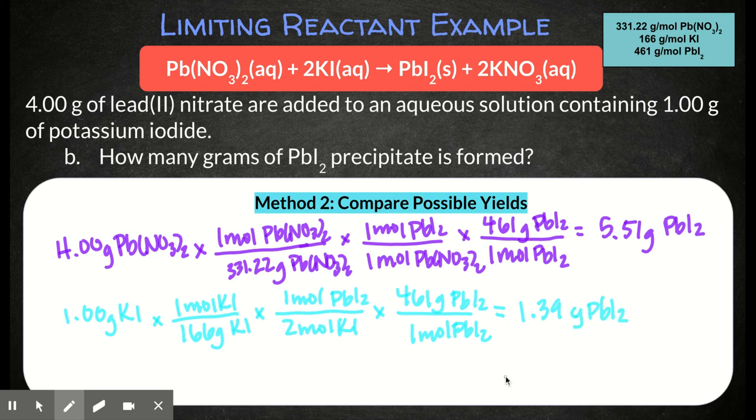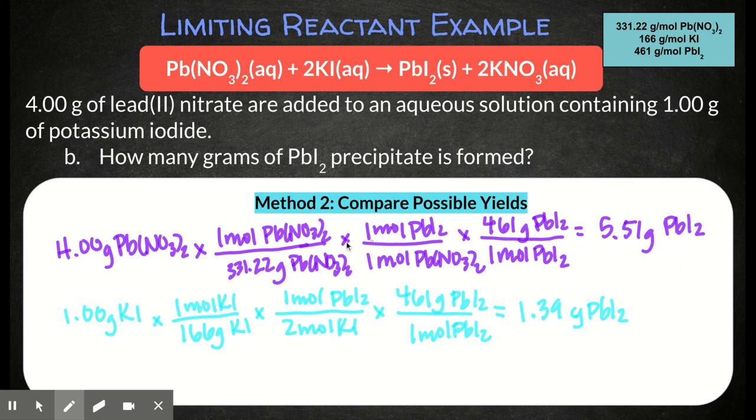So for method 2, what I'm doing is taking each of my reactants and assuming I have as much as I need of the other reactant, and determining the maximum amount of product to be made.